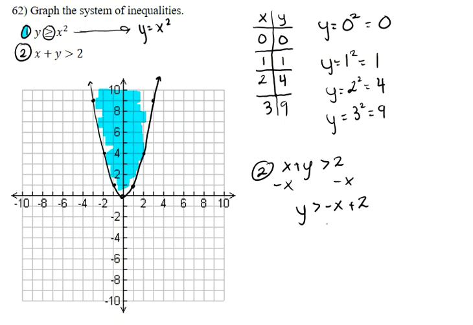So let's go ahead and graph that. We're going to start at the point positive 2 on the y-axis. Our slope is negative, so we're going to go down towards the right, down 1 over 1, down 1 over 1, down 1 over 1, and repeat that until we get an entire set of points that we can draw our line through to make it as accurate as possible. And I'm going to go up into the left-hand quadrant going towards the top.